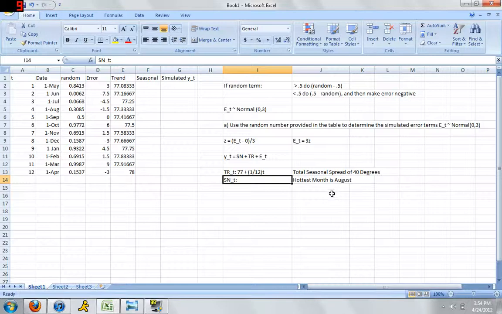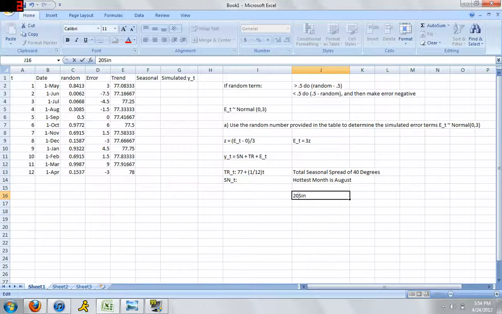Okay, so working off of this, we can use a sine function to model this. We know that total seasonal spread is going to be 40 degrees. That means the difference between the very hottest month and the coolest month is going to be 40 degrees. A sine function is going to have an amplitude of 20 if you do 20 times sine of x, let's say.